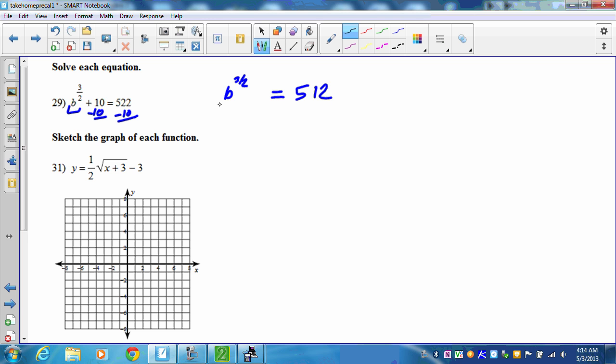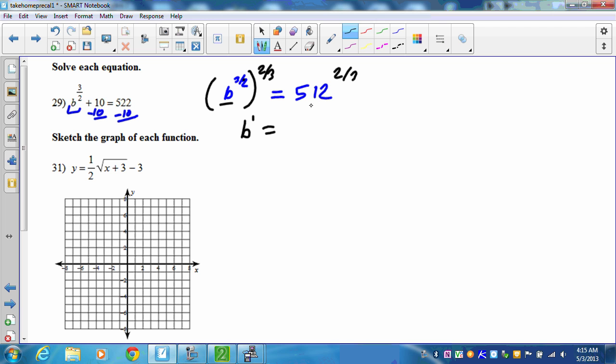Well, we're trying to get b by itself, so the easiest way to get rid of that is to multiply by the reciprocal exponent. So when you multiply 2/3 times 3/2, of course you get 6/6, which reduces to b to the 1st power.